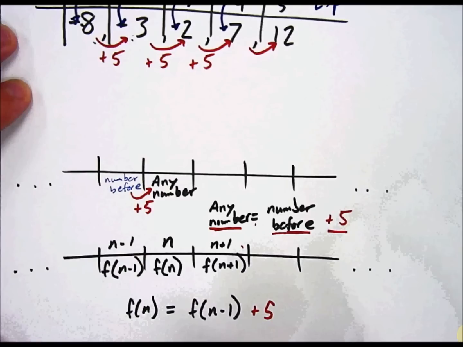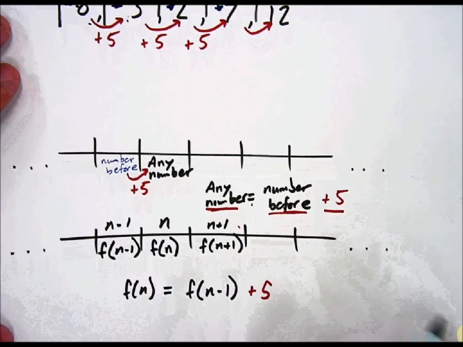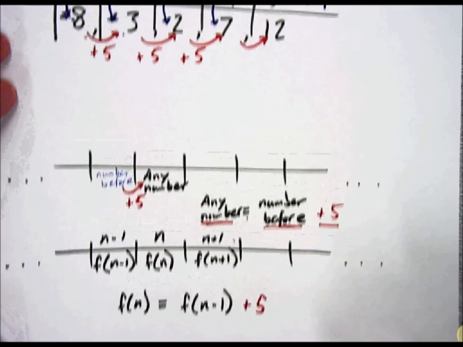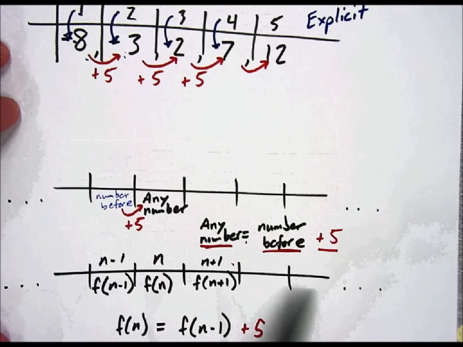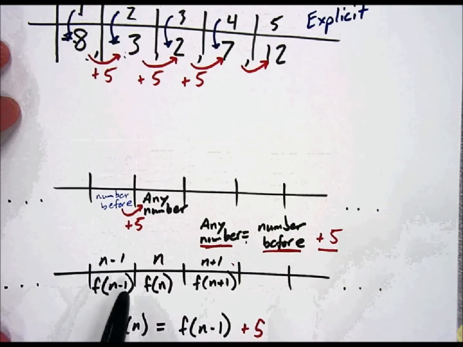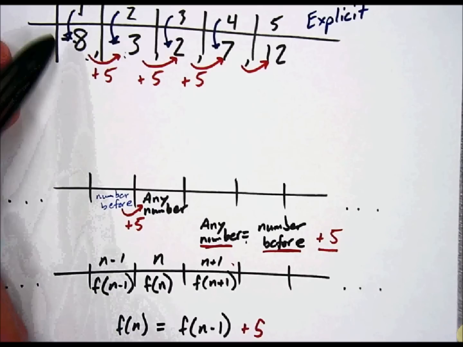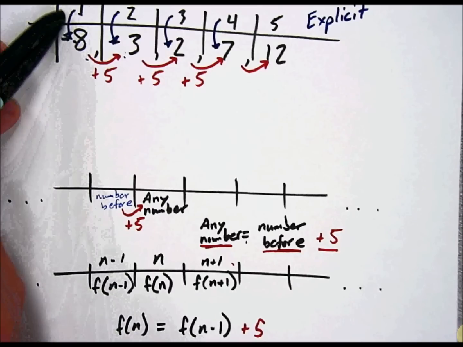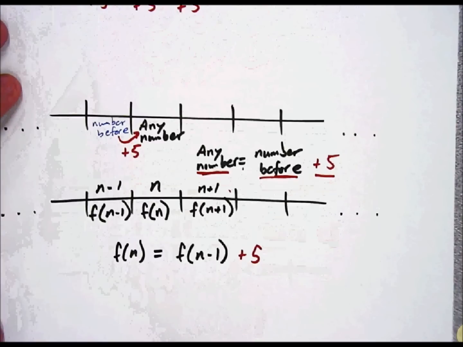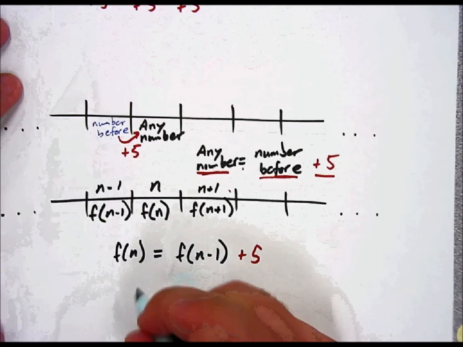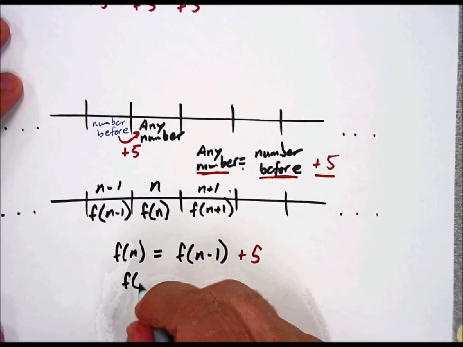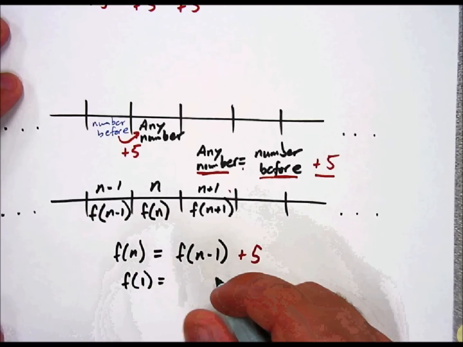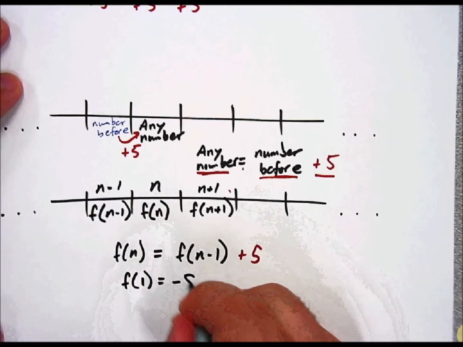And then one other part we add to recursive rules is we like to say where this thing started. I'm just describing the pattern, but this sequence had a beginning. Where was it? The example I gave, this first term, was negative 8. So in addition to this pattern, I'm going to say also that f of 1 was negative 8.